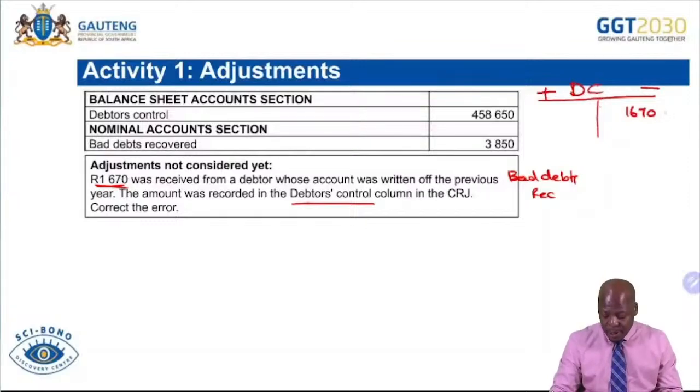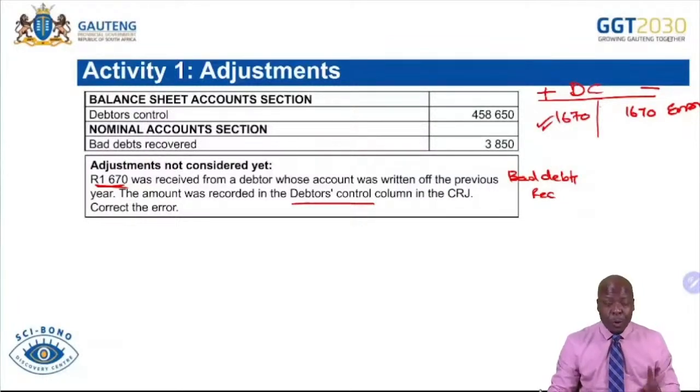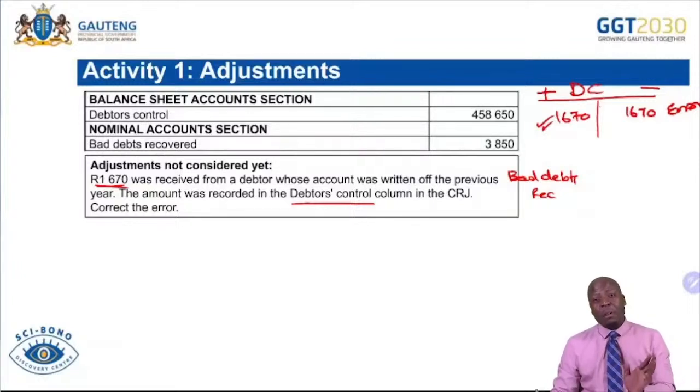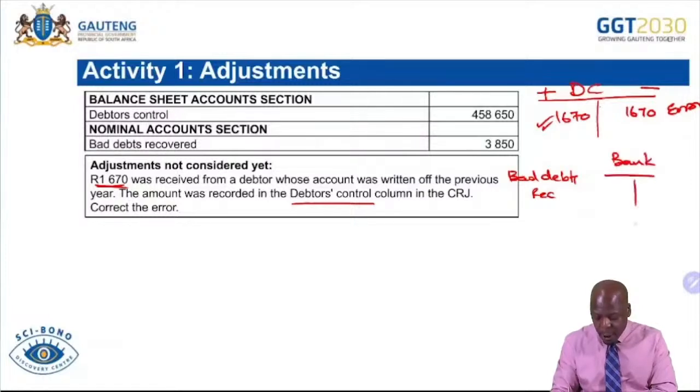So to cancel this error, you have to come now to the debit side and say 1,670. This is what you do to cancel that error or to correct this particular error. And you then know that once an amount is received from an account that was previously written off, it affects only two accounts. There is your bank and your bad debts recovered.